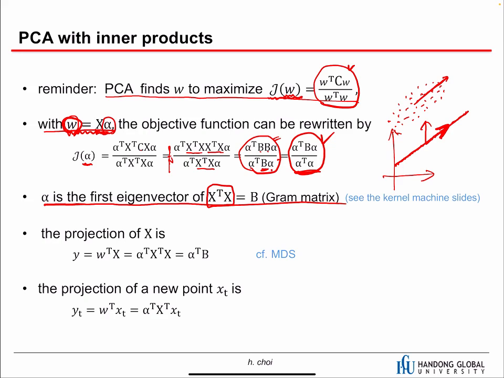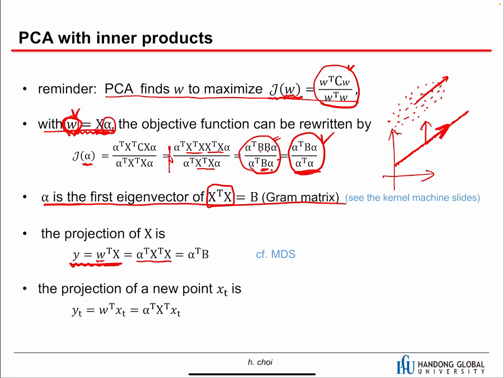Now the projection of X is this. If we have the eigenvector of the covariance matrix, then it will be W, so Y will be W transpose X. This is conventional PCA. Then W is actually X times alpha.